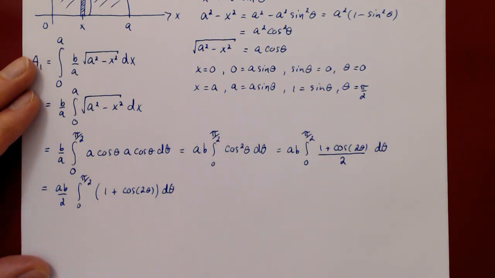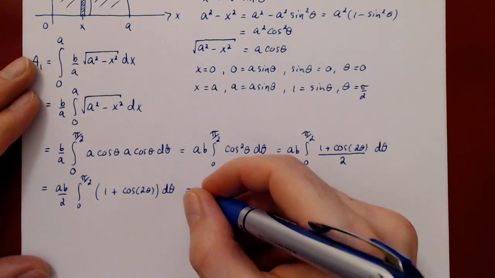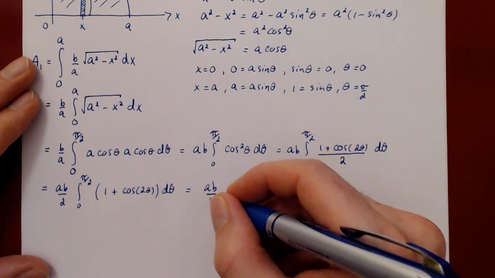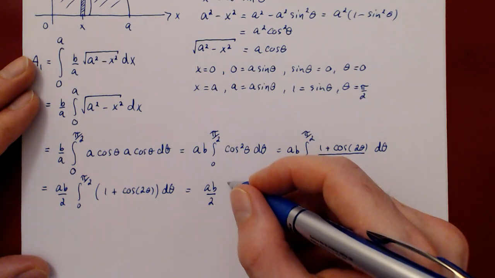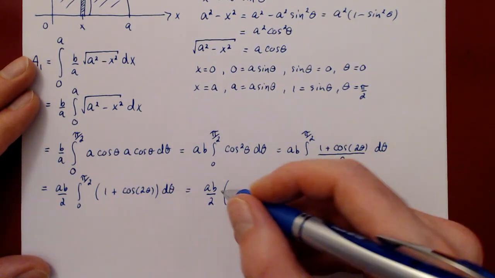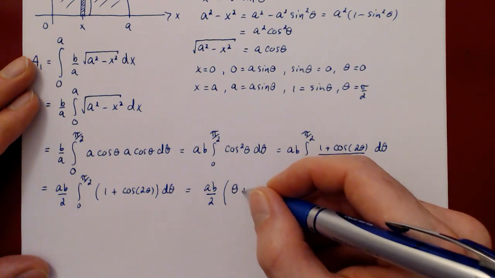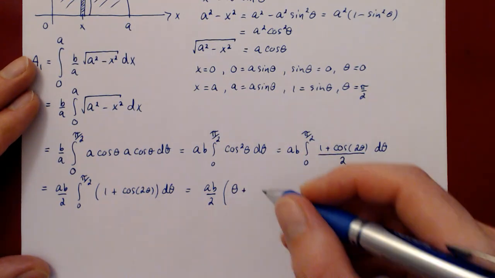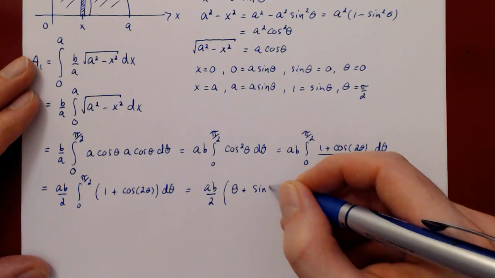This is now a rather simple integral. So if you integrate 1 with respect to theta, it is of course simply theta. And the integral of cos of 2 theta is sine of 2 theta, but be careful.